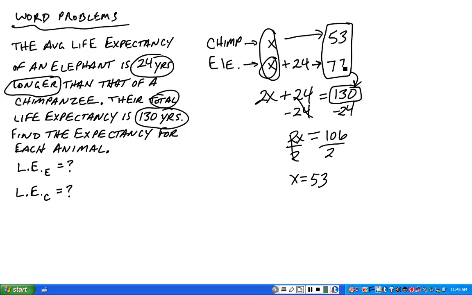And the elephant's life expectancy is 24 more than the chimp's life expectancy. So we've answered the problem by saying the elephant has a life expectancy of 77 years and the chimp has a life expectancy of 53 years. Okay. Alright, let's look at another.